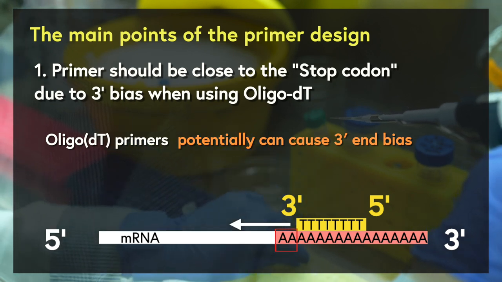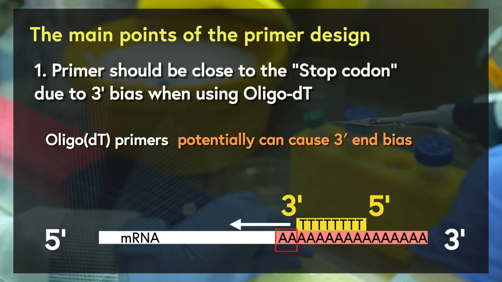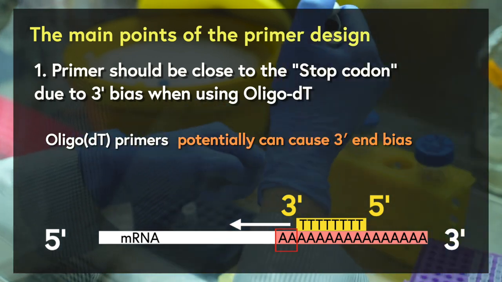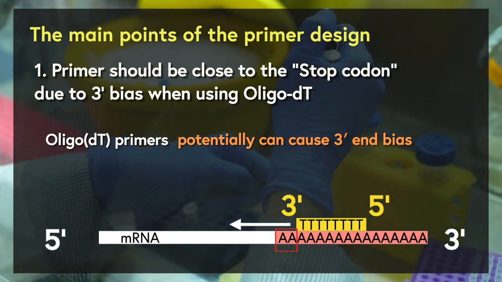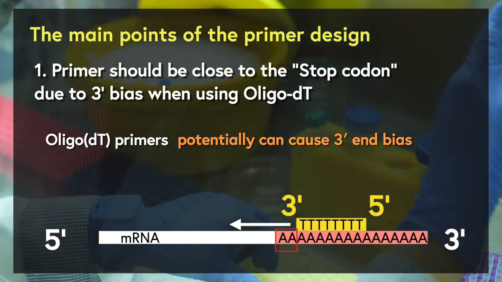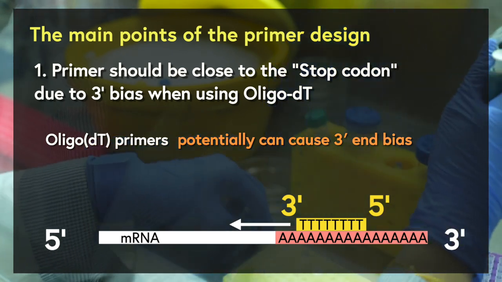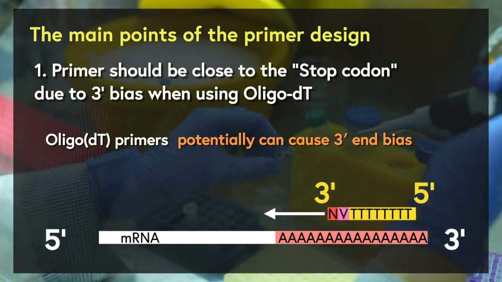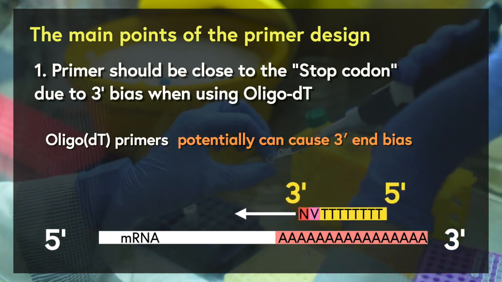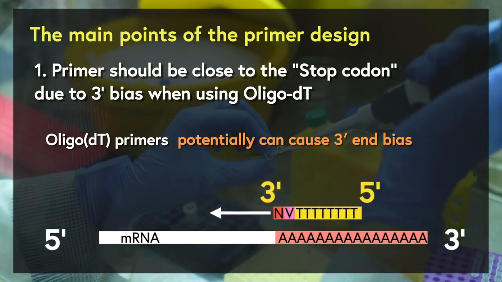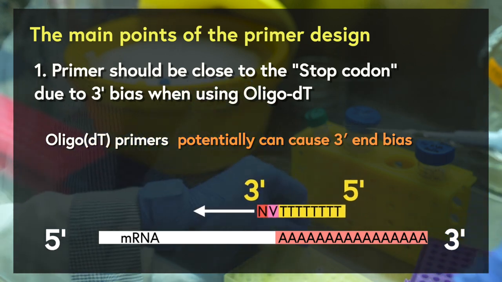So the oligo-dT will anneal to the poly-A tail and then start the reverse transcription using the reverse transcriptase. And then the reverse transcriptase will start making cDNA from the end to the head. So we start from the 3' area until the 5' area.